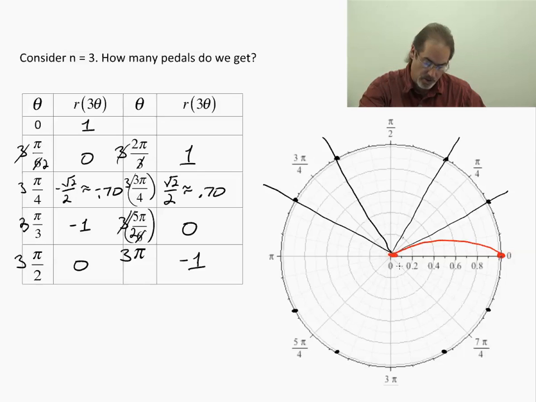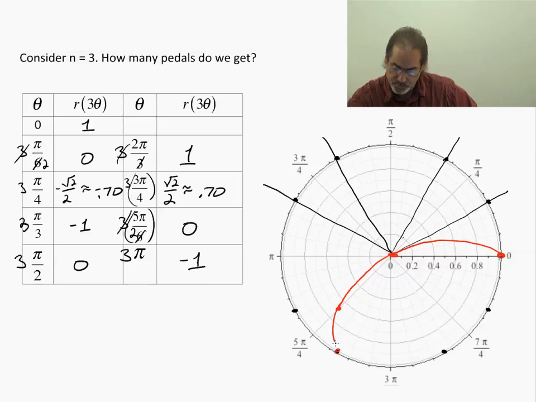At pi over 4, this angle, I'm at negative 0.7. So negative 0.7, this is 0.7 here. So if I come around there, this ring right there, looks like I'm going to be here. And then at pi over 3, which is this angle right here, I'm at negative 1. So pi over 3, negative 1 is going to be like right here.